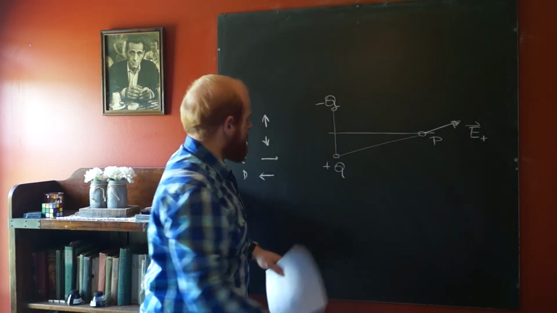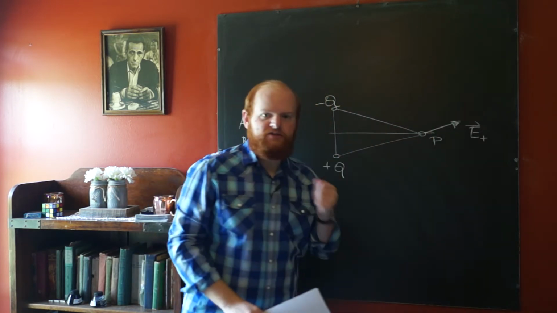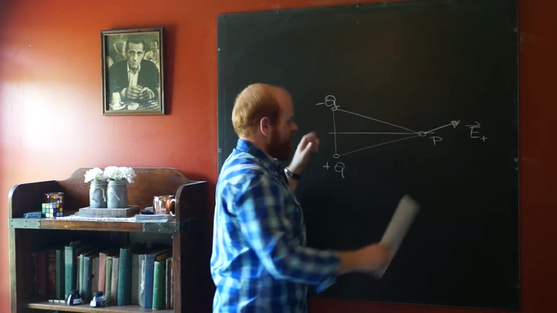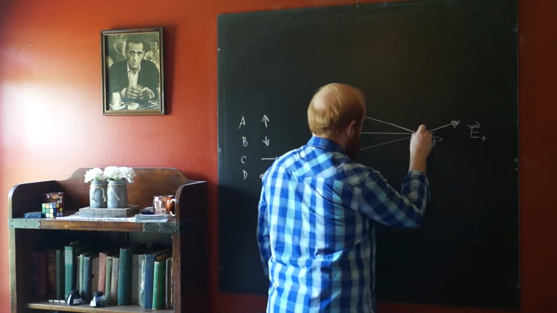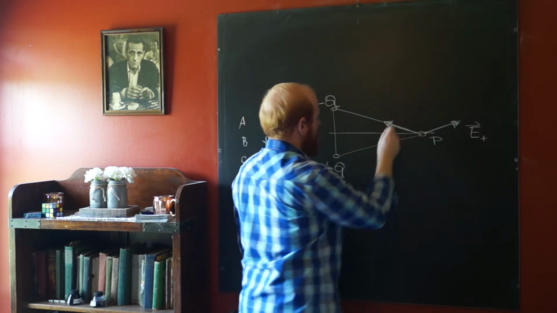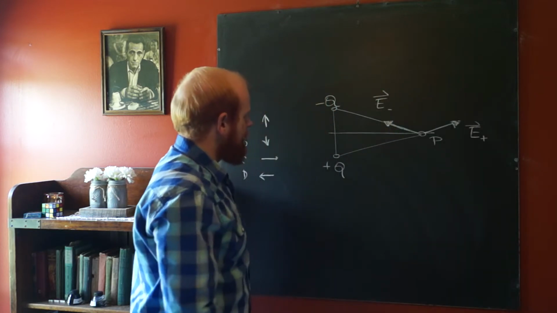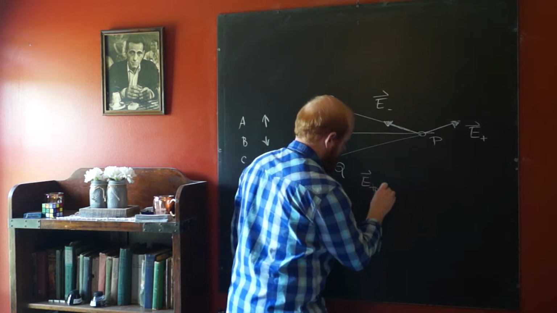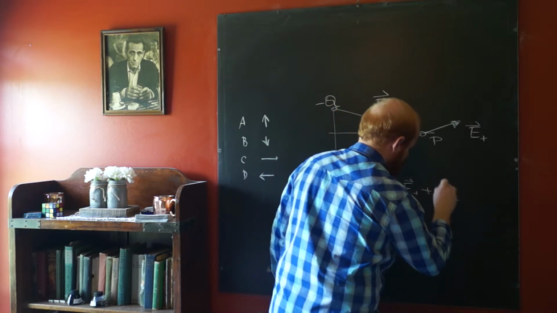E plus looks good. Okay, now let's draw a line from the negative charge to the point, and then the negative charge does the opposite. If you put a positive charge at the point P, the negative charge right here would be drawing it backward, sucking it backward. So the direction of the electric field at the point P goes back toward minus Q. And let's call that one E minus. Okay? And then the vector sum of those two, the total electric field, is going to be the sum of E plus and E minus.